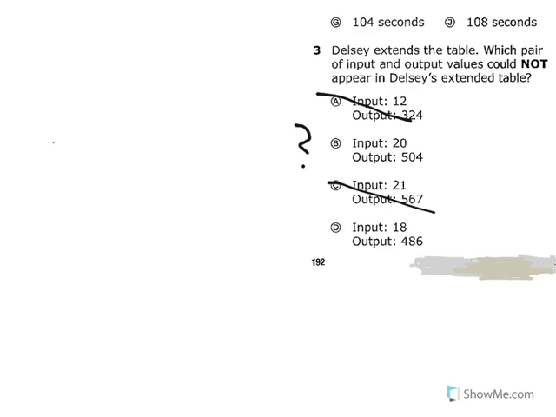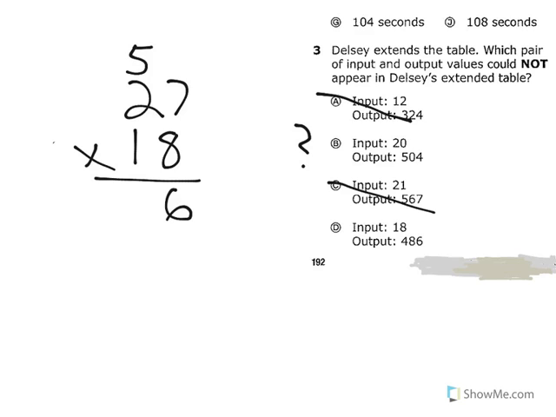So the last one we'll do is 27 times 18. 8 times 7 is 56. 8 times 2 is 16, plus 5 would be 21.